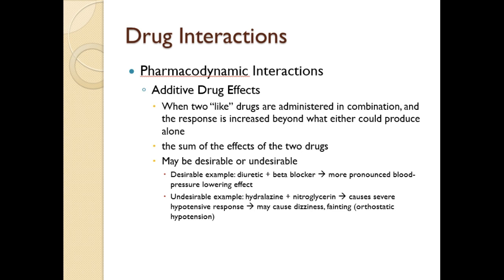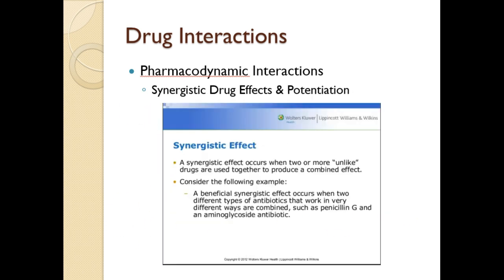Both of these drugs are vasodilators. With this combination, you will have a severe hypotensive response because there's a severe vasodilation effect. This could lead to potential patient safety problems, such as dizziness and fainting, which we know as orthostatic hypotension. We'll talk about that more.